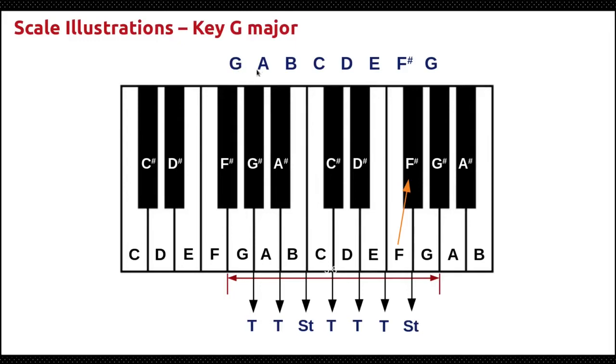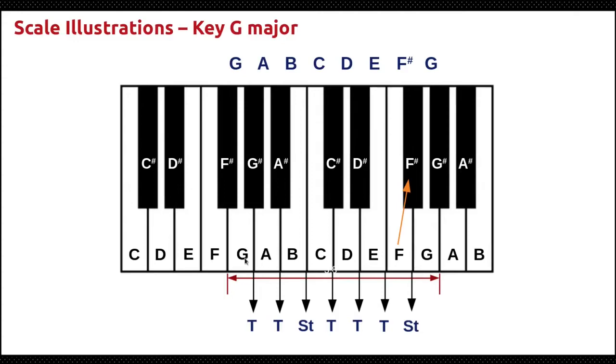After G comes A, then B, C, D, E, F, G again. Now let's consider the intervals from the beginning. Between G and A, we have a whole step, which is what we want. A and B, we have a whole step. Between B and C, we have a half step, which is also what we want, because remember the rule, it is tone, tone, semitone, tone, tone, tone, semitone.